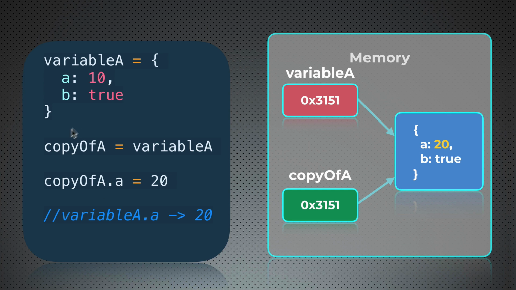So, in this example, if I change the value of one of the properties in this object, it will be changed only in this place in memory. Pointers will not change. That's why if I try to access property a of variable a, I will get 20, because this value in the memory was updated. And it doesn't matter which pointer was used to perform this action. It was changed only in one place.